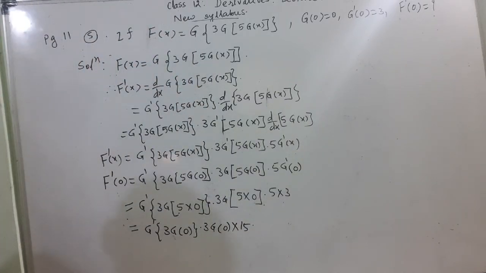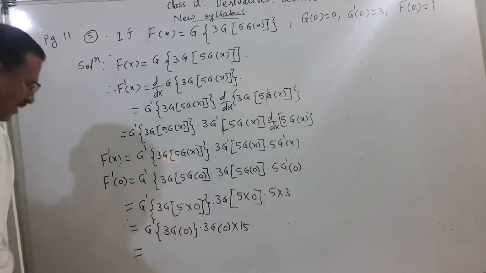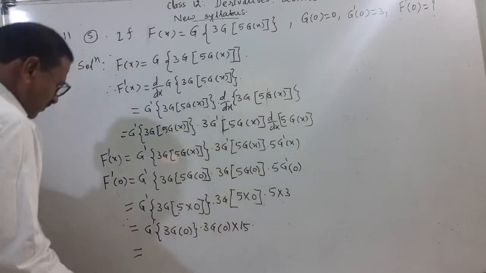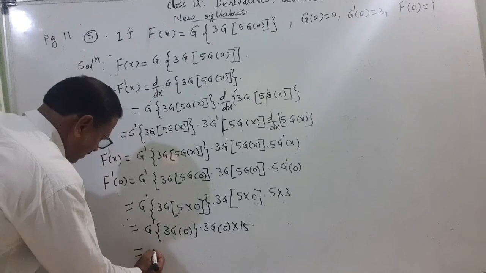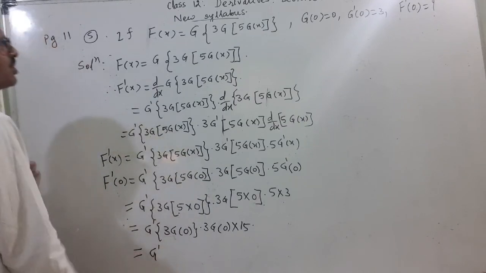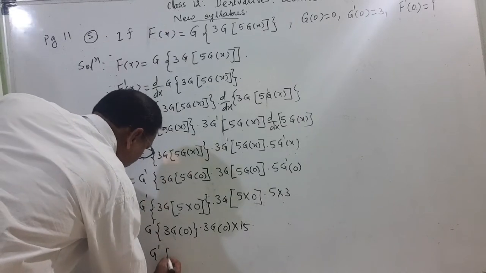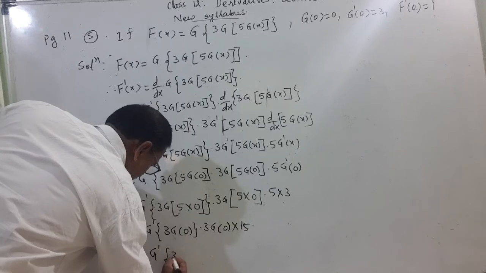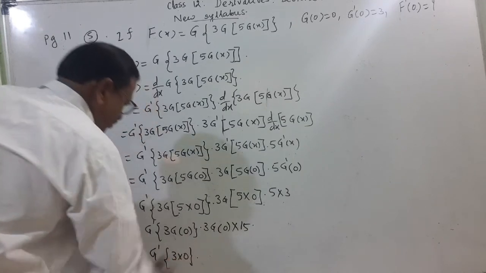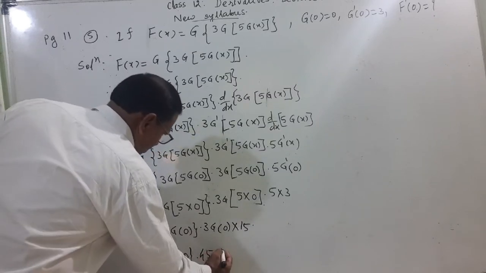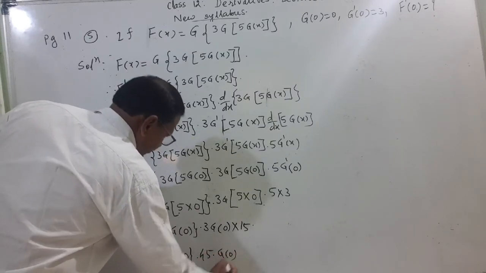Okay. So that is equal to, now this whole part, this much is g dash of g0 is 0, 3 into 0, into 15, 3 the 45 into g of 0.